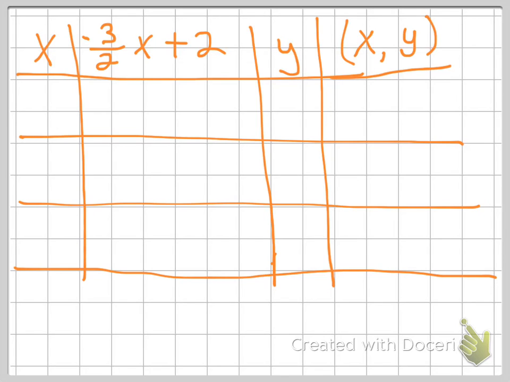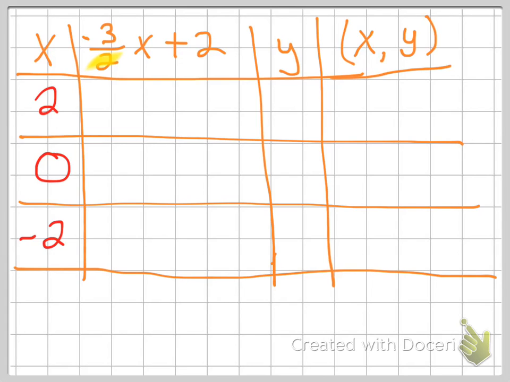Now, if you have a fraction as a slope, which we did, I got a little trick to avoid dealing with fractions. Whatever that run is, our run was 2, I'm going to write the positive and negative version of that right here, because I'm just going to do 3 x values.